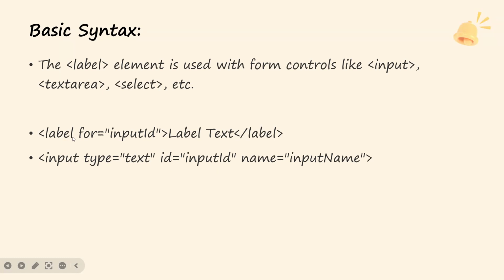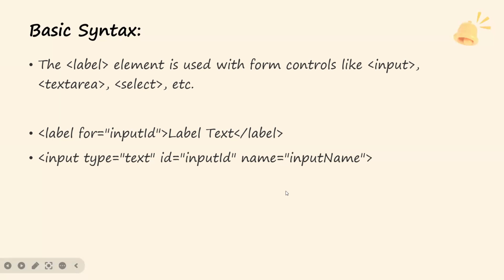So this label is for this input element. The ID of this input element is the same as the value of the for attribute here. So it must always go like this.